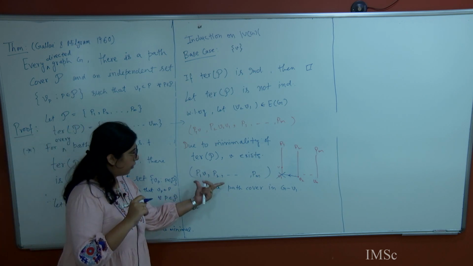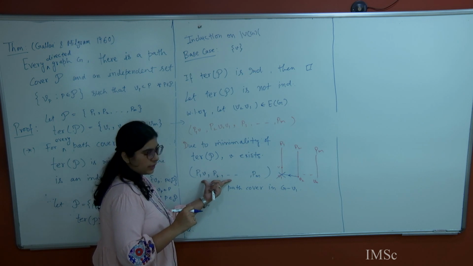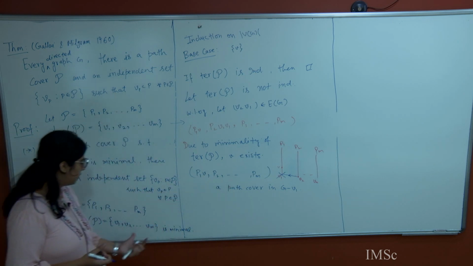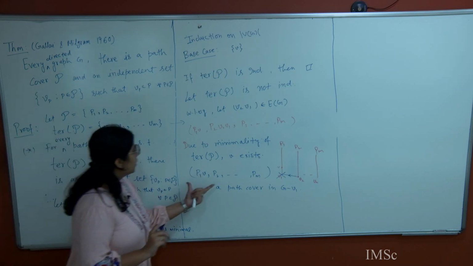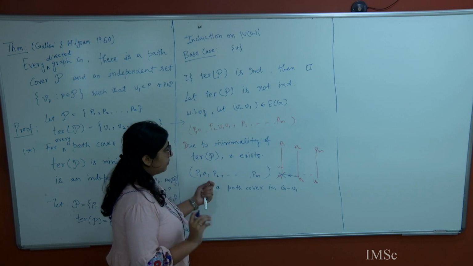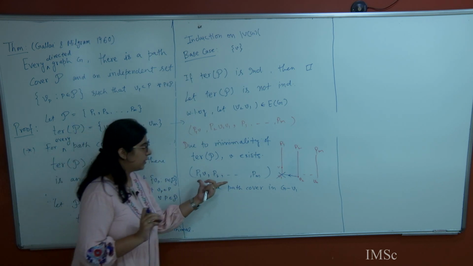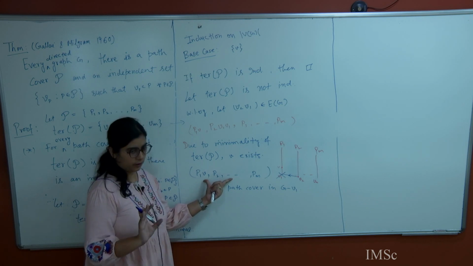So if for G minus V1 on this path cover I get some independent set, then that independent set will work for the original path cover as well. Same. Okay, so that means this is enough, if we just want to know whether there exists some independent set for this path cover or not. Okay.